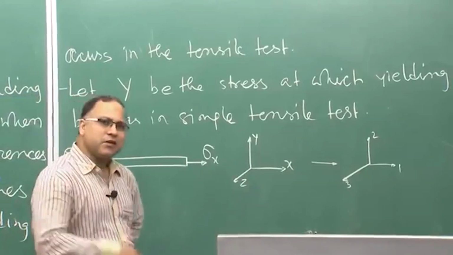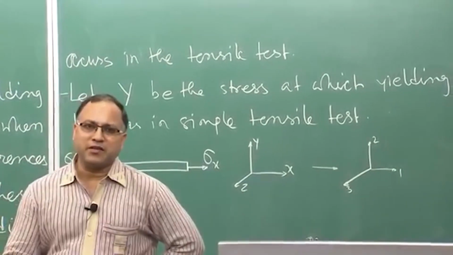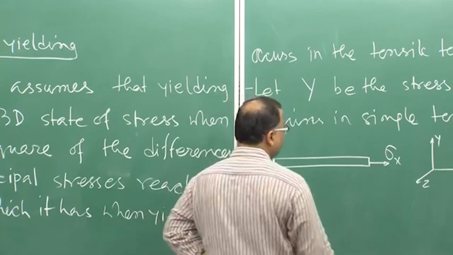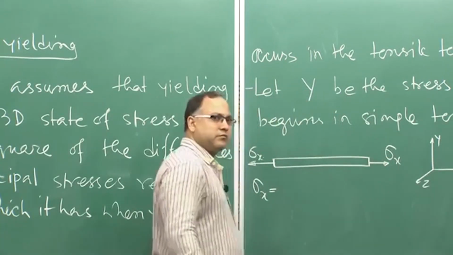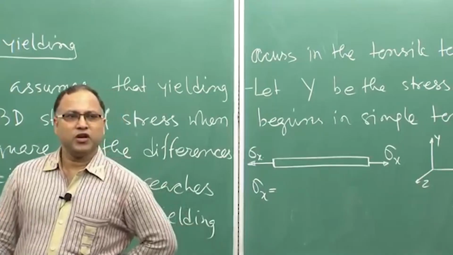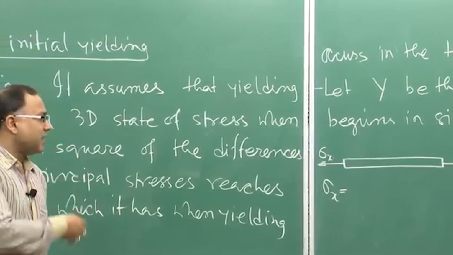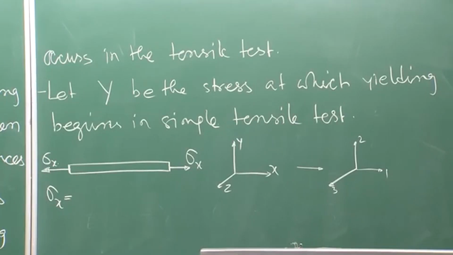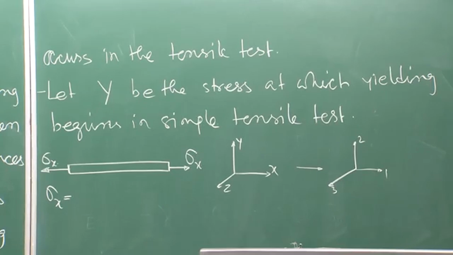So, the x plane is becoming the major principal plane, and the x axis is becoming the major principal axis, which is shown here as 1, right.